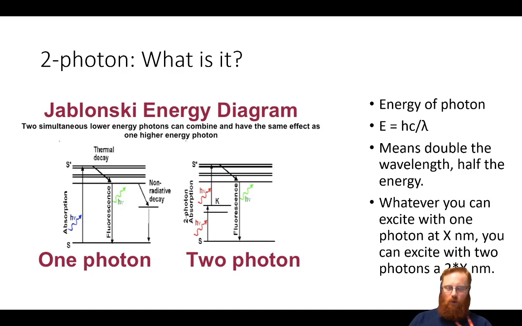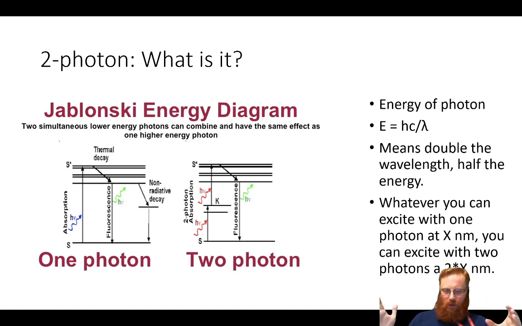Two low energy photons that have exactly, or close to exactly, half the energy of the one photon. So basically, anything you can excite, give or take, with one photon fluorescence, you can also excite with two photons that have half the energy.